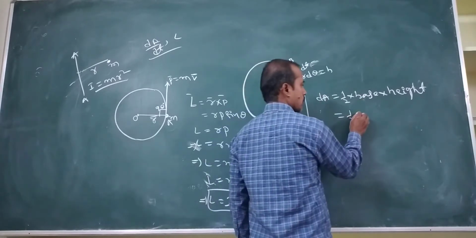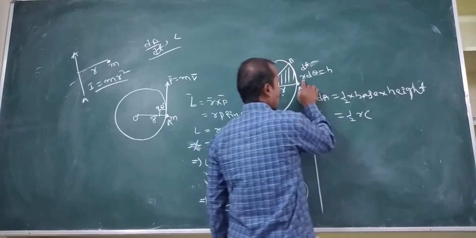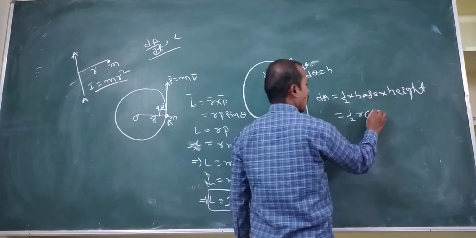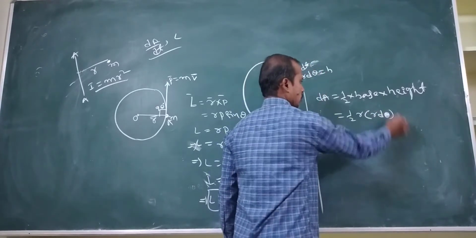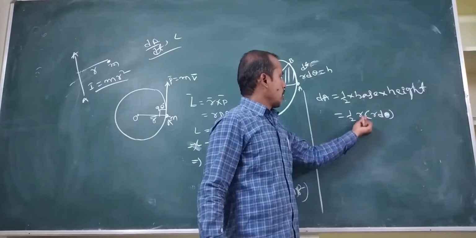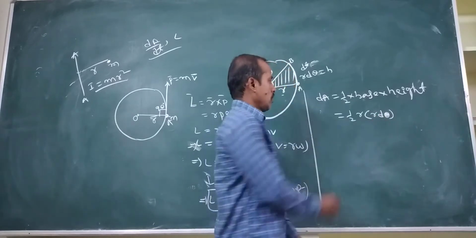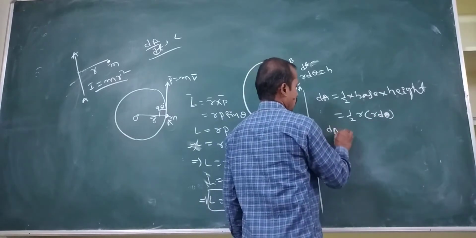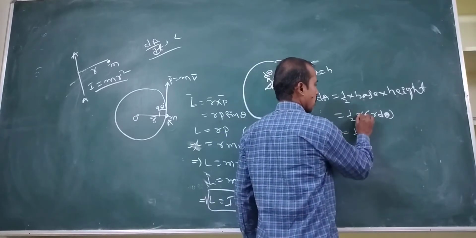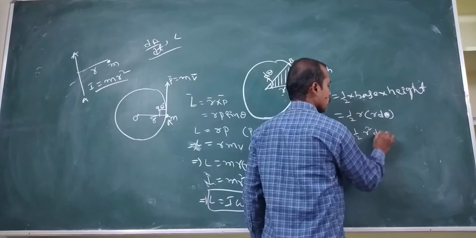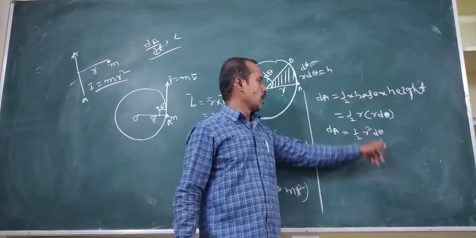Height means r d theta. So base r into height r d theta simplifies to the area of the region dA is equal to 1 by 2 r square d theta.